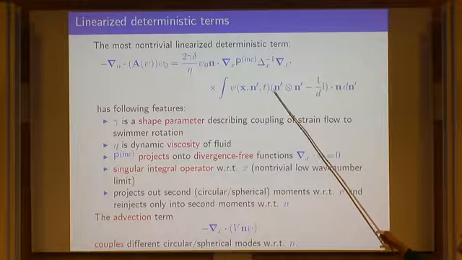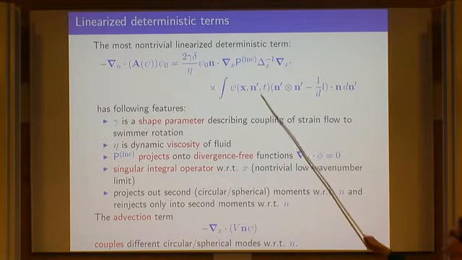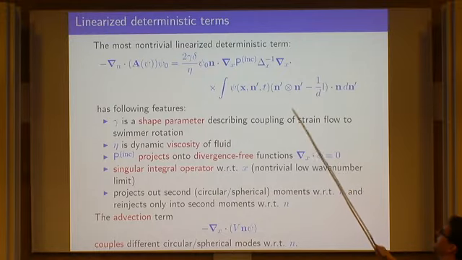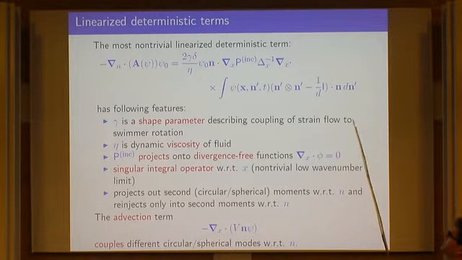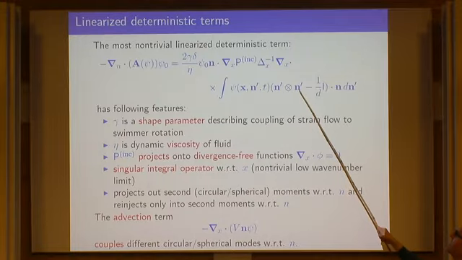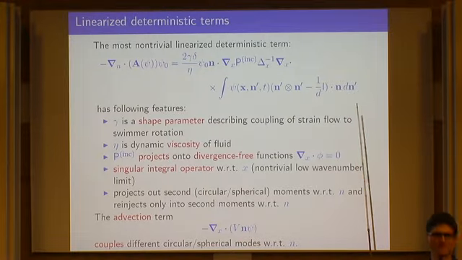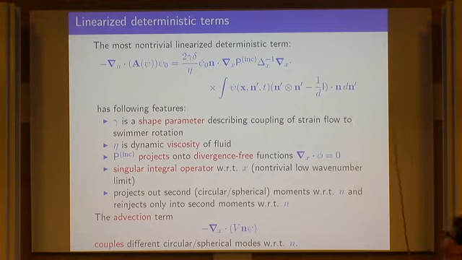Right? And then with respect to orientation variables, what's happening is it is essentially projecting out the second moment of the orientation variables by integrating against n prime tensor n prime. And then it's re-injecting whatever you get from doing all this back into the second moment because there's two n's on the outside.